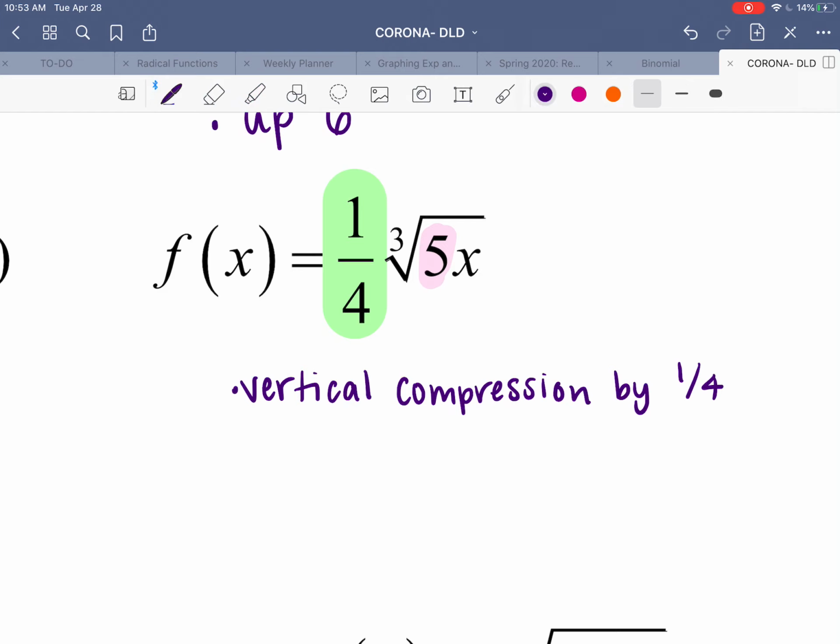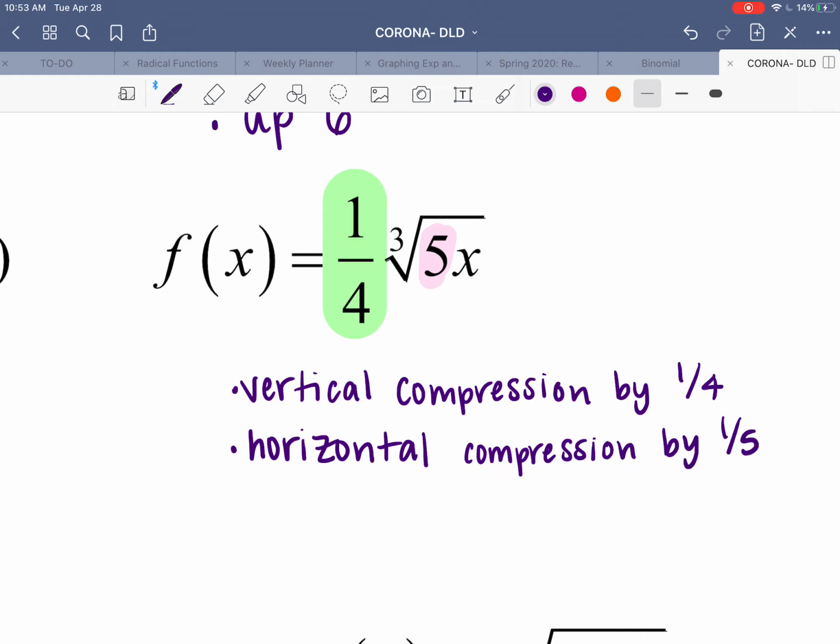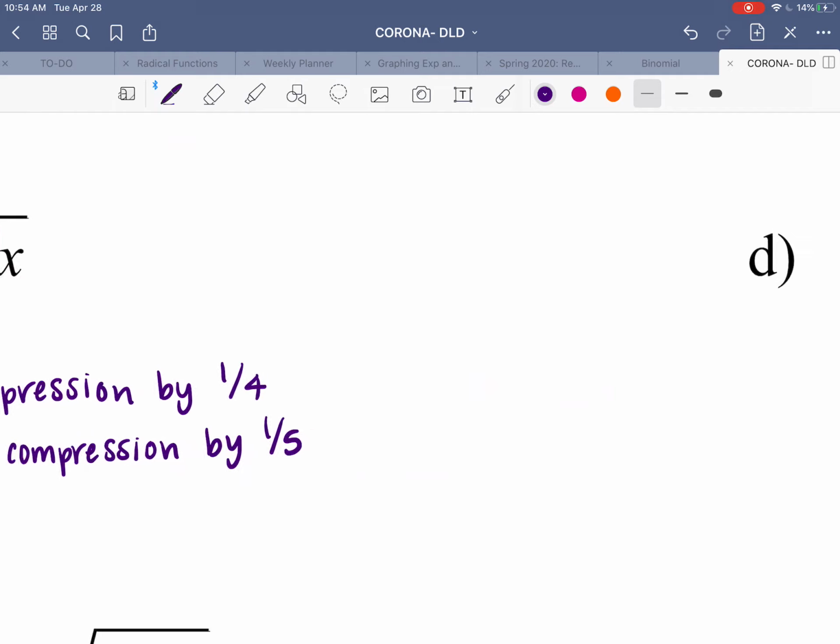Remember, x's lie. So this is going to be a horizontal either compression or stretch. But remember, if we have the 5, we're going to flip it, and it's actually going to become 1/5. 1/5 is going to be a compression. So you have a horizontal compression by 1/5. And those are the only 2 transformations for that equation.